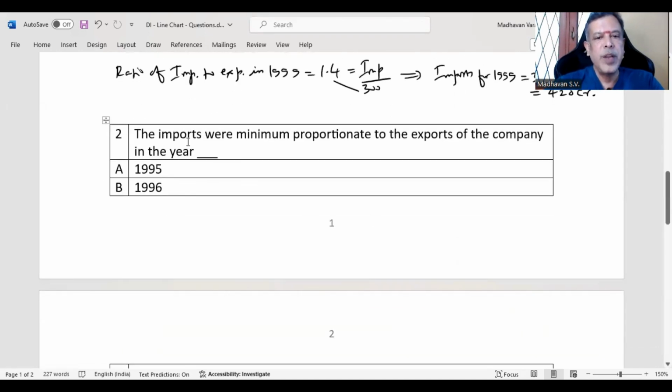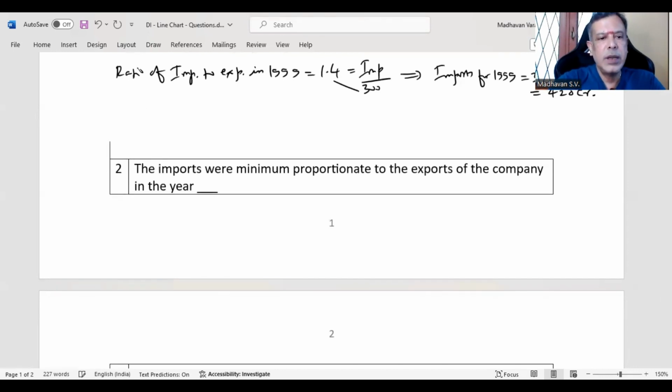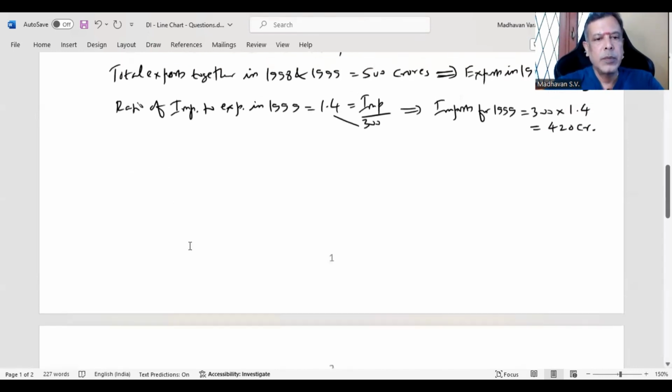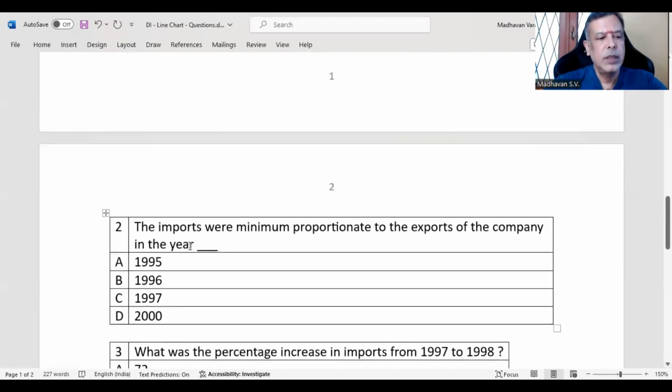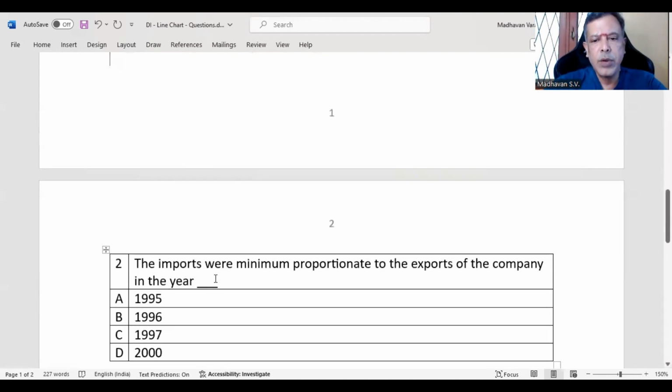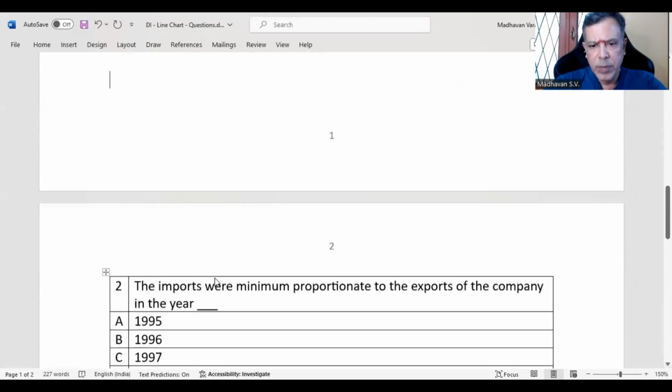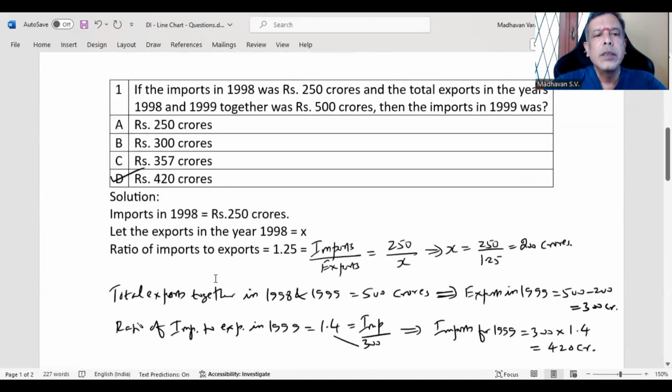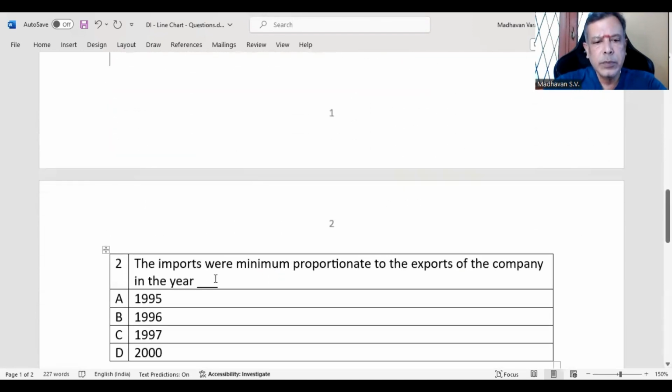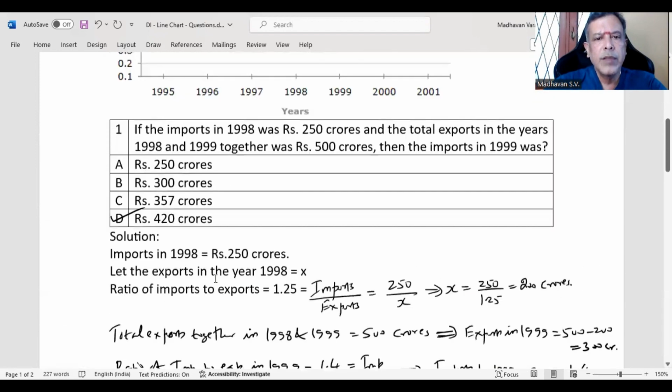The imports were minimum proportionate to the exports of the company in the year what? That is the question. That can be found from the graph itself.